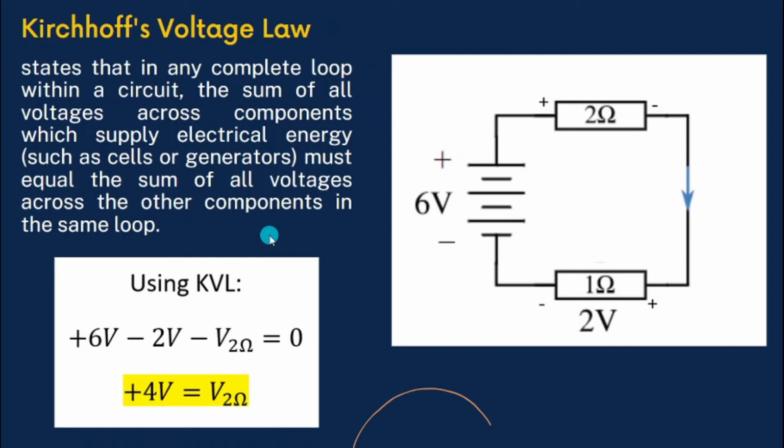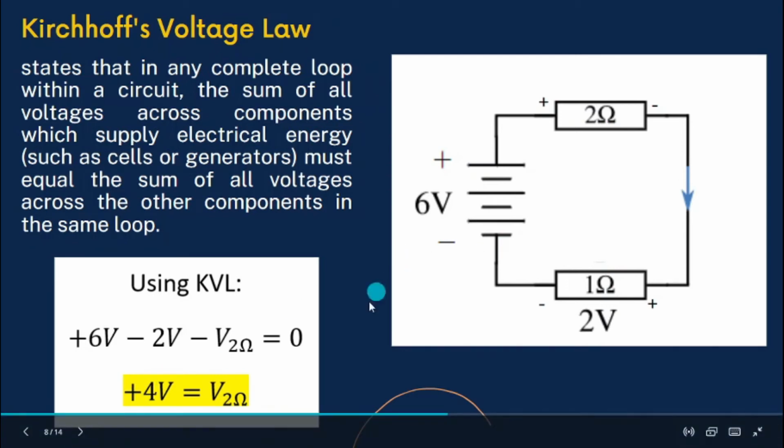Ibig niyang sabihin nito, class, there is actually a voltage supplier and a voltage consumer. So typically, yung mga suppliers natin are cells or generators. I-add natin yung lahat ng supplier and then i-add natin yung voltage consumed by the other components.